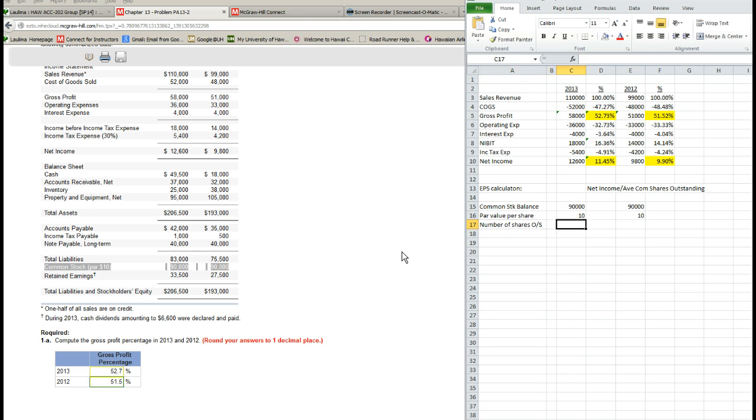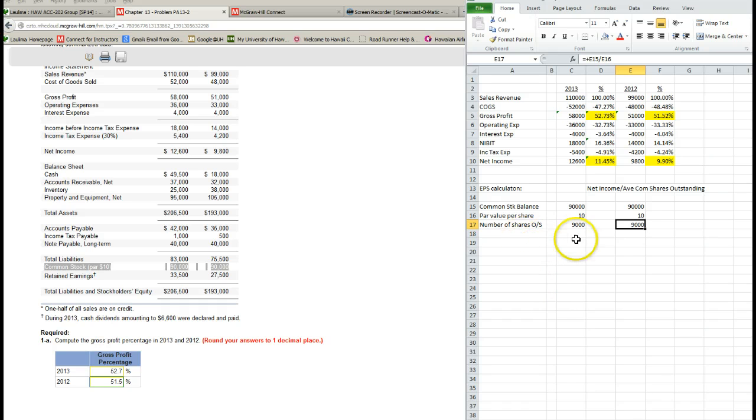And so I'm just going to use a simple formula here. I'm going to take the common stock account balance and divide it by the par value per share, and so we can see that there were 9,000 shares outstanding, and I'm going to copy that formula over to 2012.